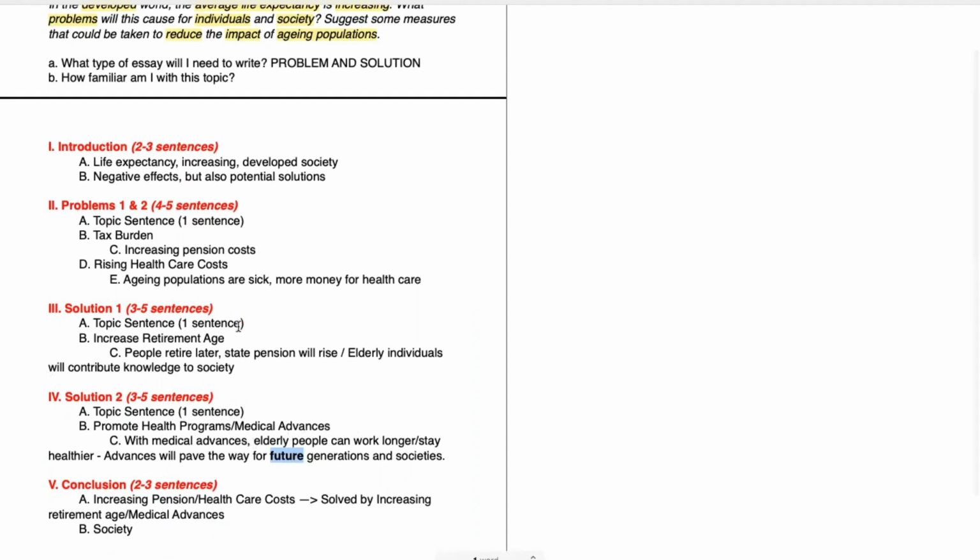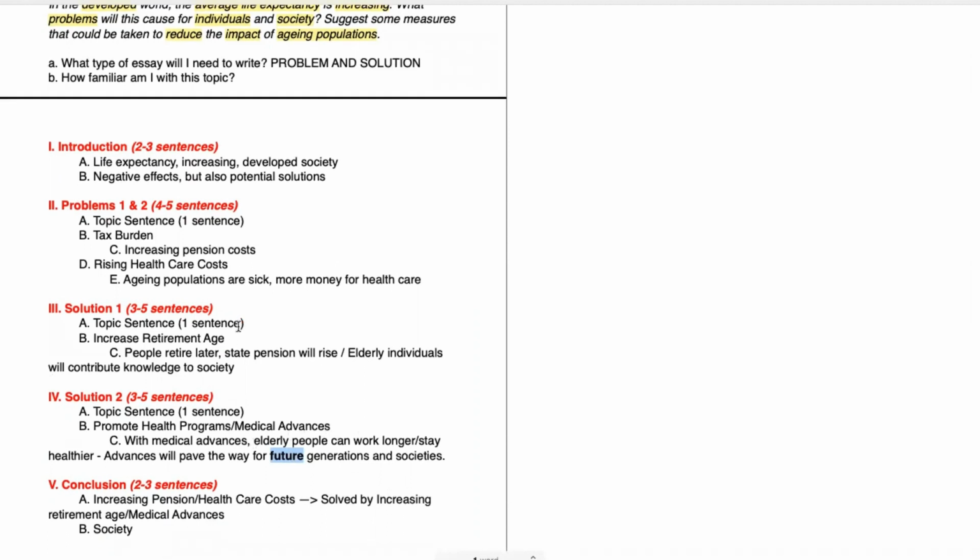And something important about this topic, I'll think about that. I will definitely relate it to society because in paragraph 4, I talked about future generations and society. So the fact that this is relating to the future will lead in nicely to this conclusion. So this is my quick outline.